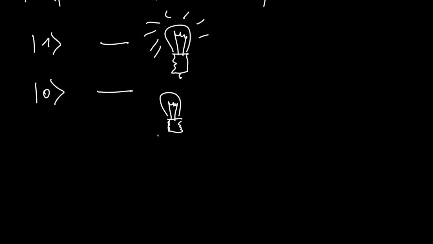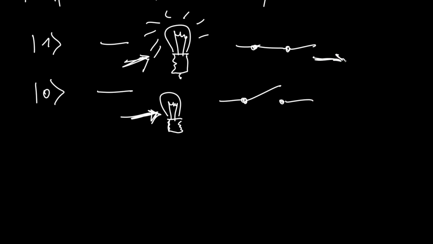And if we want to do some kind of gate, some kind of evolution, then we can implement that with transistors. This is going to be the output. For input we can have switches, and here the switch would be on, here the switch would be off. This is going to be the input.